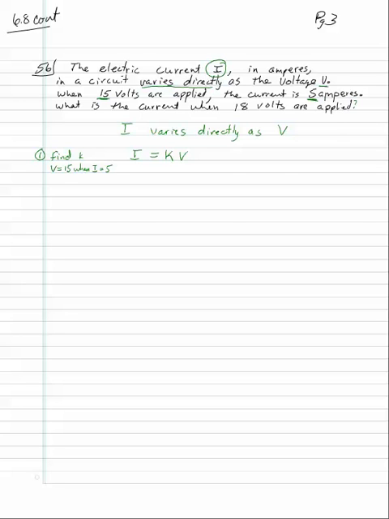So we plug those numbers in and we solve it for k. So we're going to divide both sides by 15. So k is 1/3. Now, part 2, we can write the equation with k and answer the question.